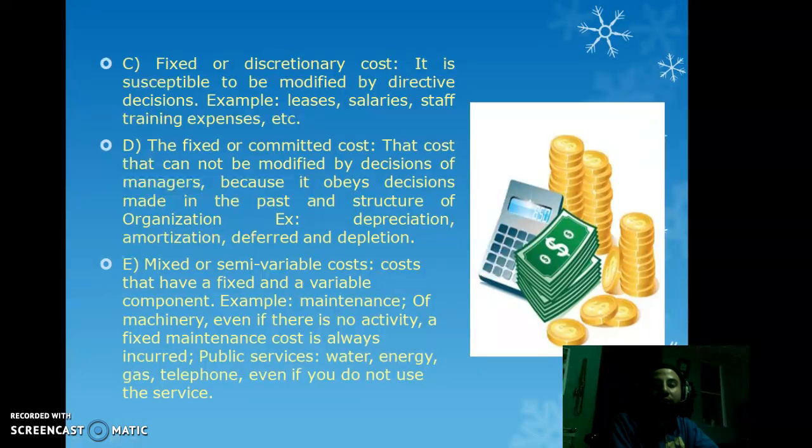Mixed or semi-variable costs are costs that have a fixed and a variable component. Example, maintenance of machinery, even if there is no activity, fixed maintenance costs are always incurred. Public services, water, energy, gas, telephone, even if you don't use the service. Another example of this is the commissions that I mentioned before.